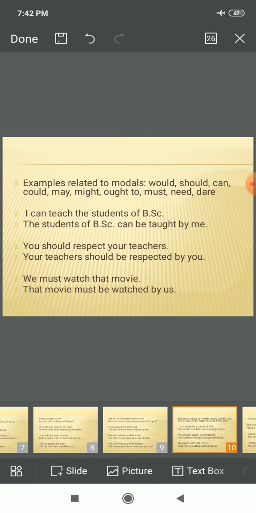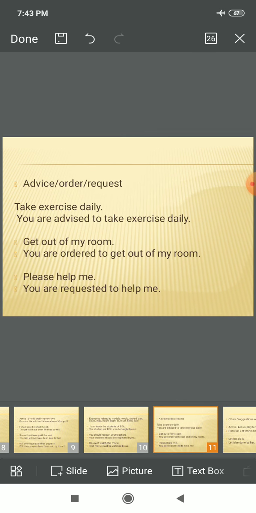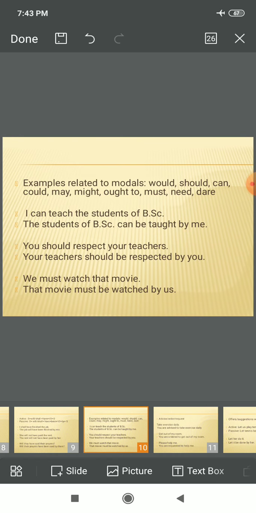Next is, you must watch that movie. Must, right? When we are making an obligation for somebody, that you must do it. Again, be will be added and first form will change into the third form. That movie must be watched by us. Like we must watch, must be watched by us, right? Next, I have not written some of the examples.